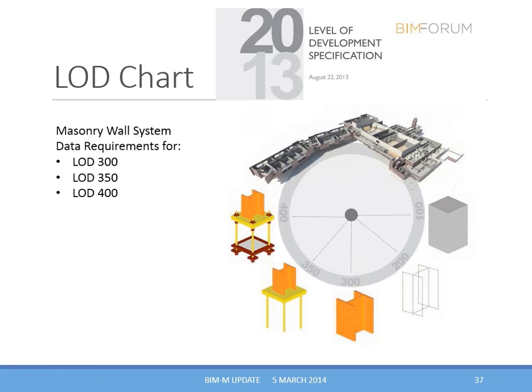From an excerpt of that BIM Forum document, their LOD 300 for a masonry wall system would be a composite model assembly with an overall thickness that accounts for all the different layers, veneer, structure, insulation, and you wouldn't start breaking the model up into separate layers like veneer or backup until you got into a higher LOD 350.